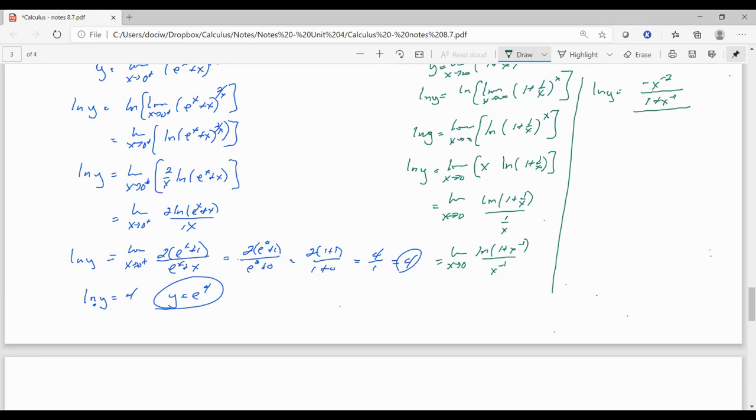Okay, now I'm going to divide that by the derivative of x to the negative 1, which is negative 1 x to the negative 2.